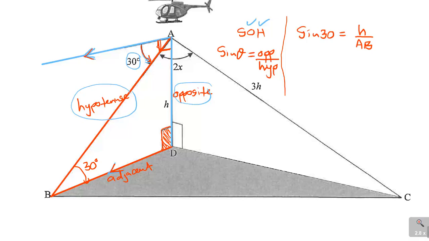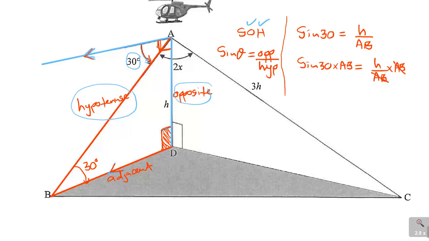So how do I find AB? Now you multiply, so which means sine 30 is equal to H over AB. Now you multiply by AB on both sides, times AB.